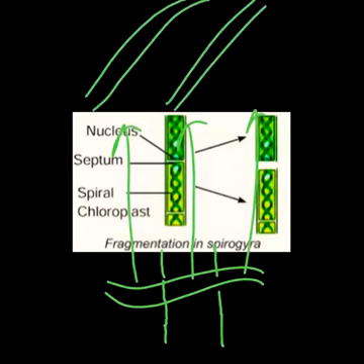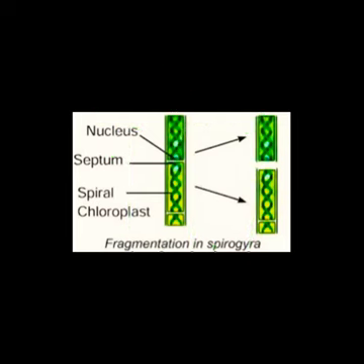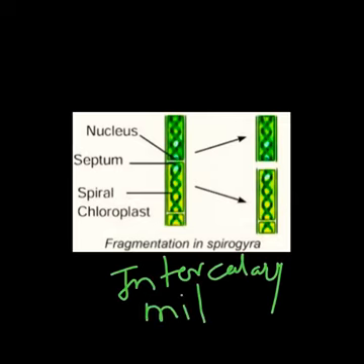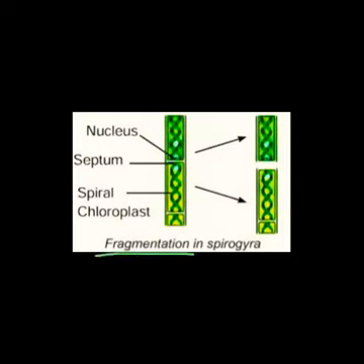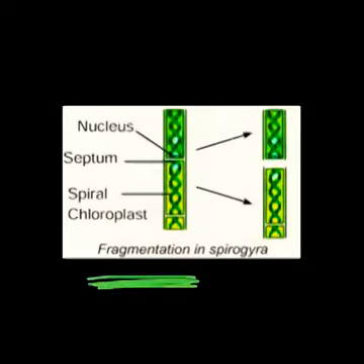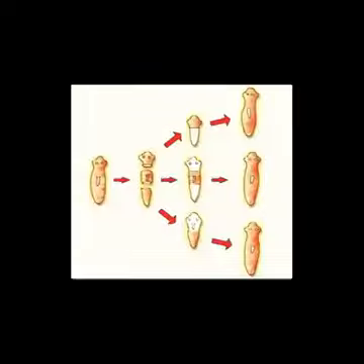Okay, from each piece new Spirogyra develops by intercalary mitotic division. Okay, or simply you can write by intercalary mitosis. Okay, so this is about the next method of asexual reproduction, and that is called fragmentation. Let's discuss the next method, and that is called regeneration.